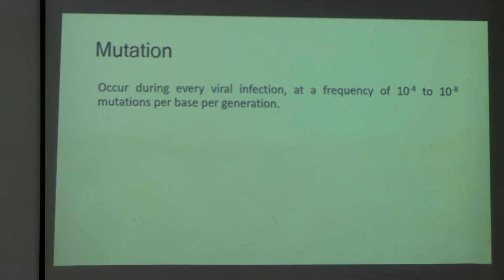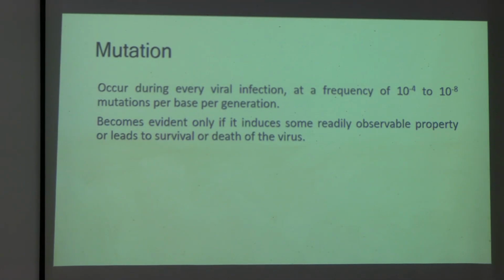So in mutation, what happens during every viral infection is that mutations can take place at a frequency of 10 to the power of minus 4 to 10 to the power of minus 8 per base per generation. This is evident only if it induces some readily observable property, or it leads to survival or death of the virus.